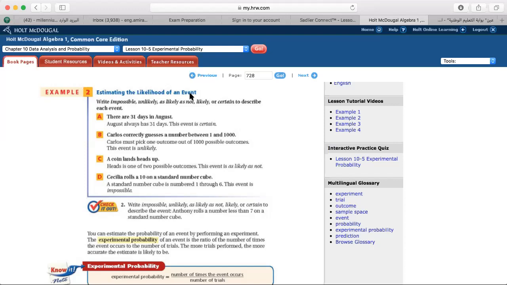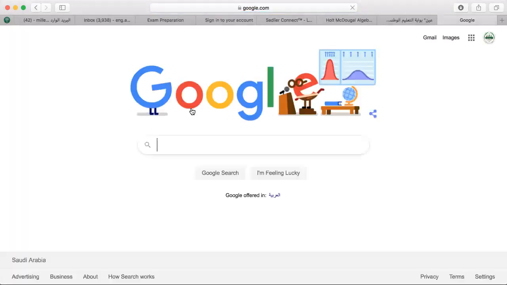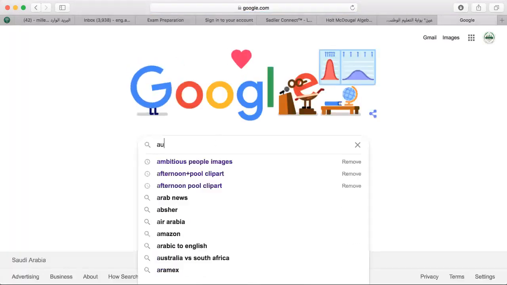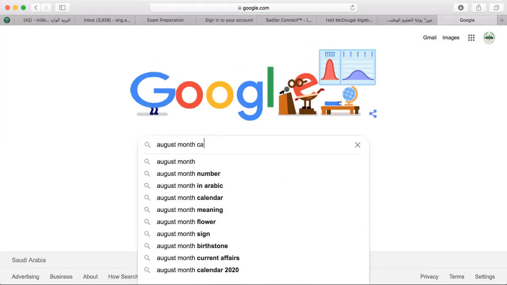If you can open the calendars in your mobiles now, I'm opening it now. Okay, let me open one now in Google. August month calendar.